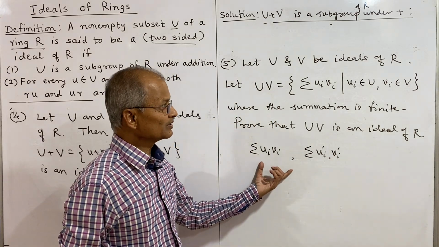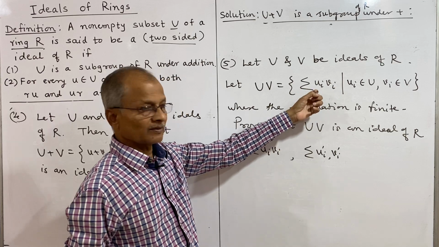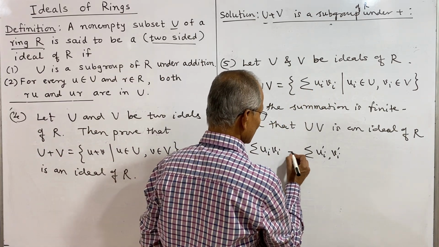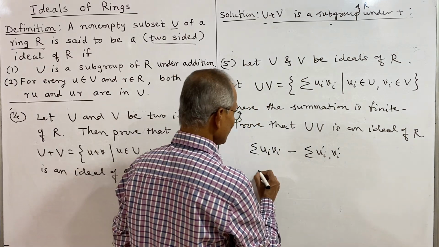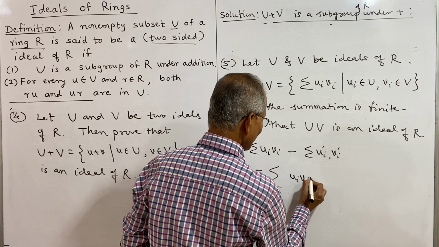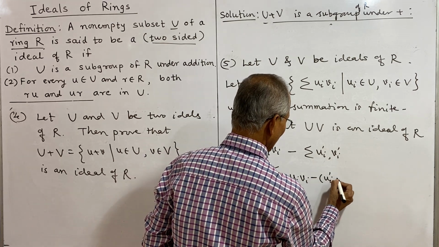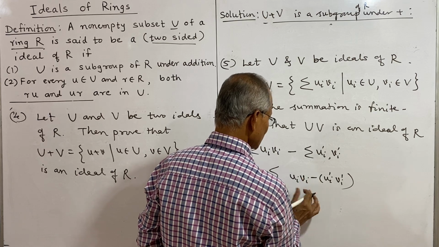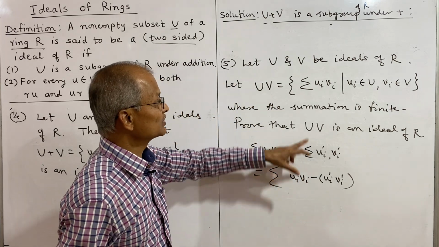These are two elements in this set, and their difference is also in the same set, because the difference can be expressed as summation of ui vi minus ui prime vi prime, and this is again of this type.